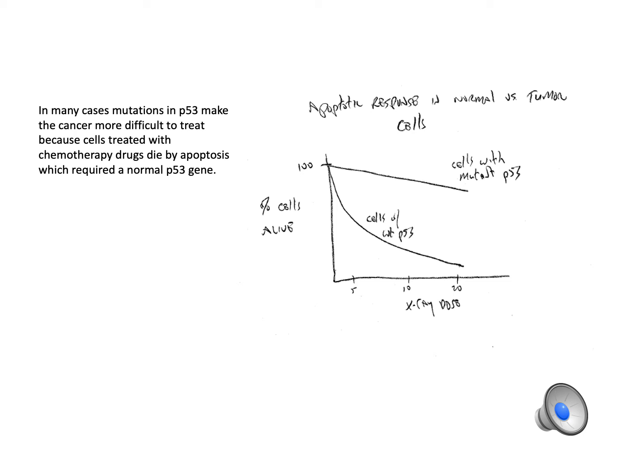So we talked about oncogenes, we talked about tumor suppressor genes, but it gets a little bit more complicated. There are some cancers which are due to defects in one or very few genes. But in many cases, in most cancers, a number of genes need to be defective, both oncogenes and tumor suppressor genes, before you get a full-blown cancer.